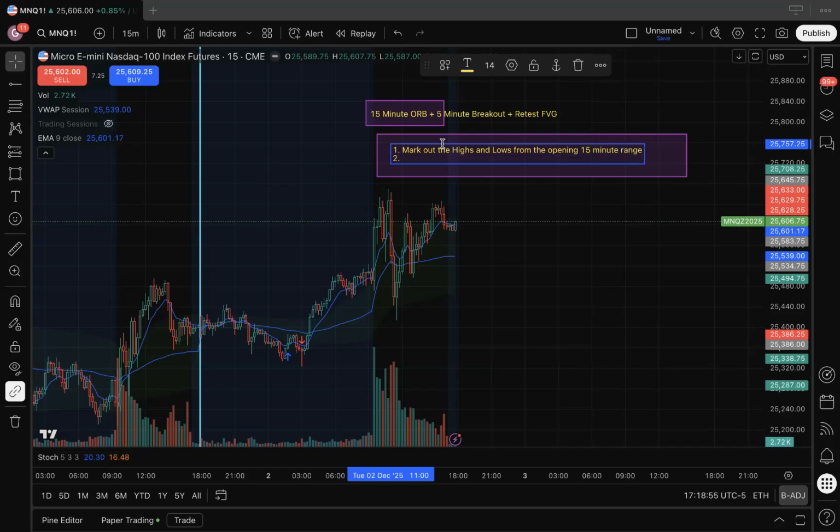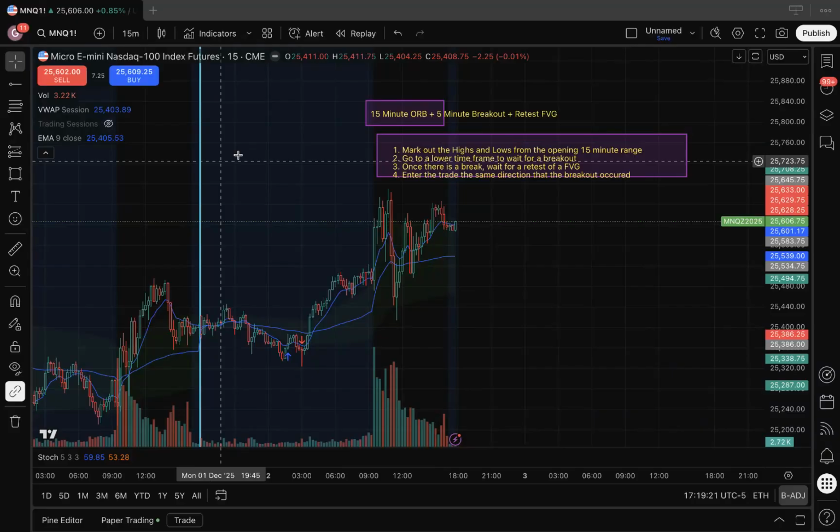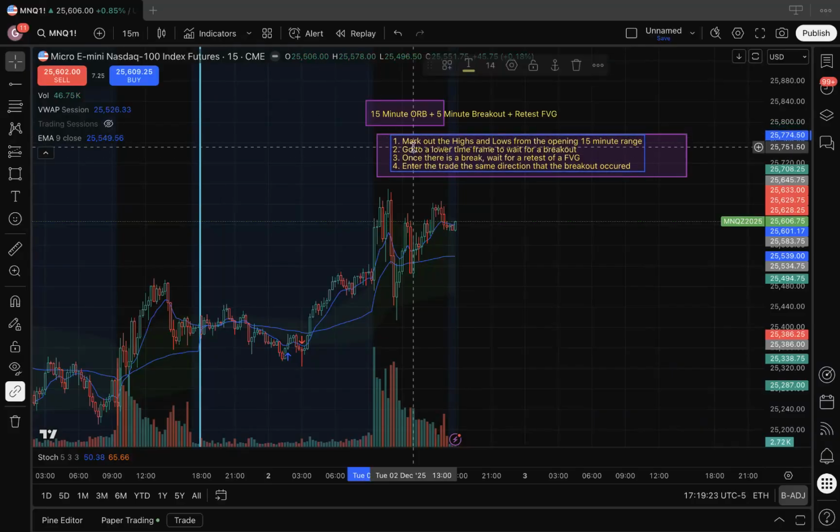Two, go to a lower time frame for a breakout. Three, once there is a breakout, wait for a retest of a fair value gap. Four, enter the trade in the same direction that the breakout occurred.